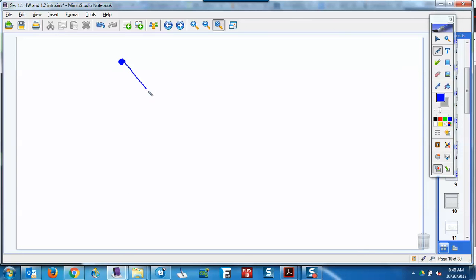If I go like this, this is a local minimum, but this is the global minimum. That is the lowest point. Local extremes are more like peaks and valleys. This would be a local maximum, but it's also the global maximum. It's the highest point, but it's a local min or max.